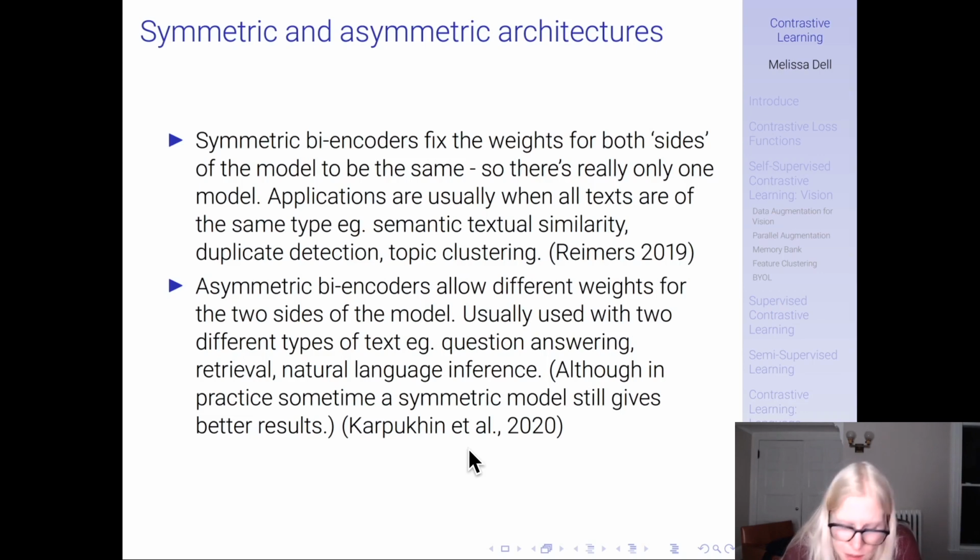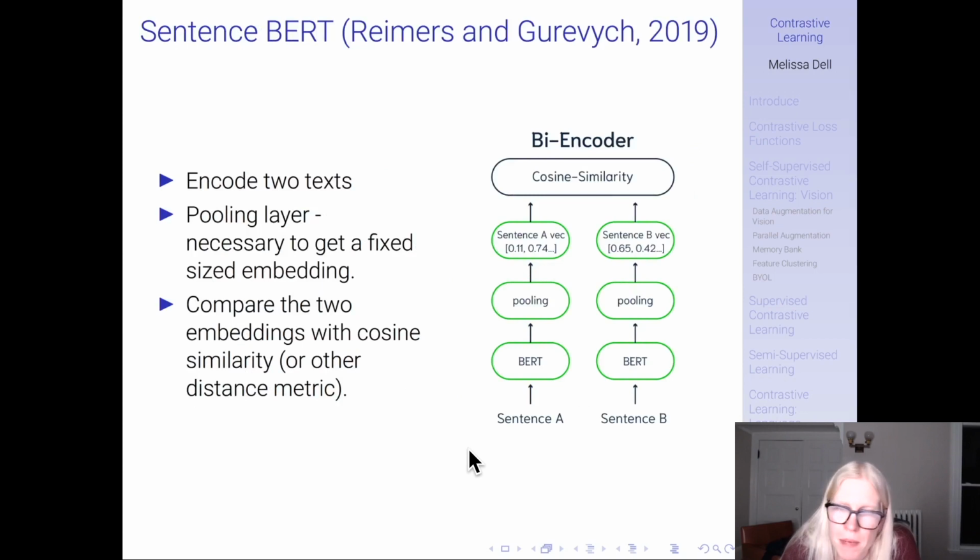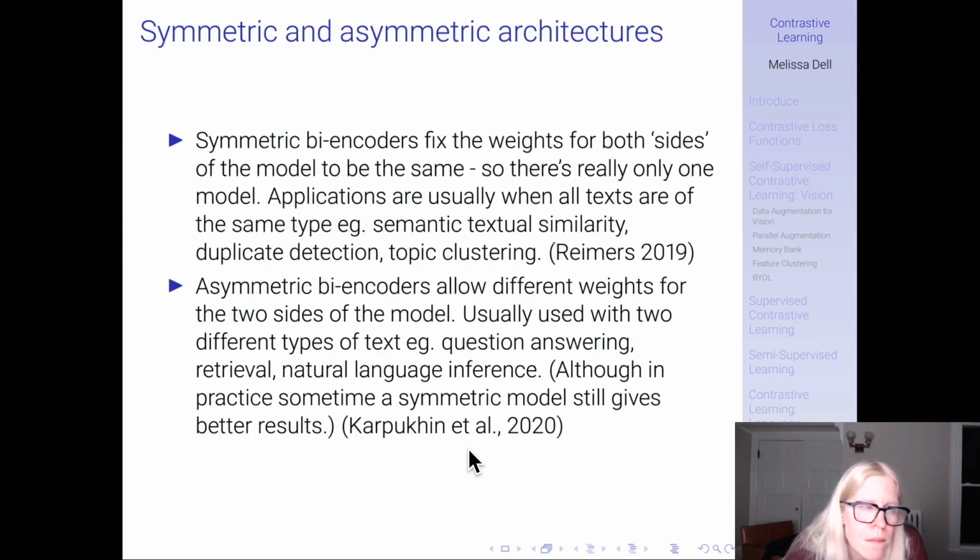And so in this architecture, it can be symmetric, where you fix the weights to be the same on both sides of the encoder, or it can be asymmetric, where it's both a BERT model, but you allow them to have different weights. And symmetric encoders tend to be used for applications where all texts are of the same type.